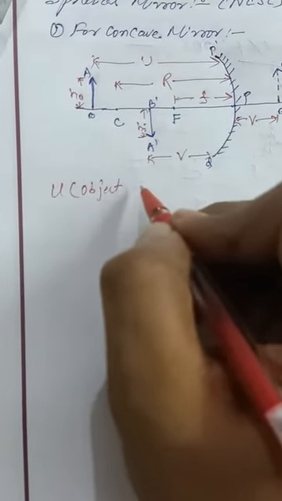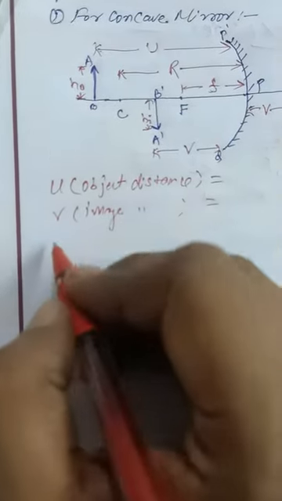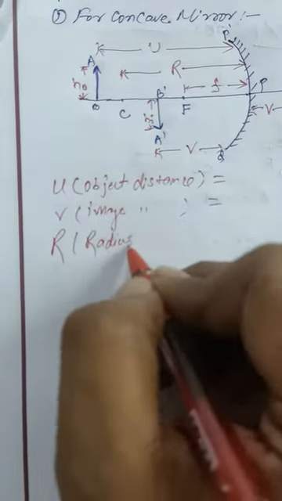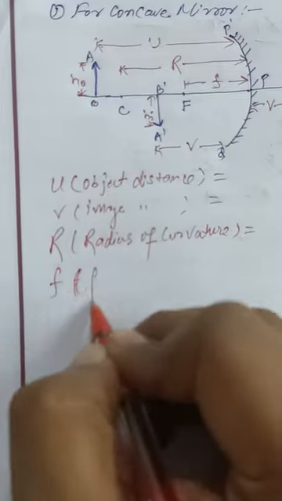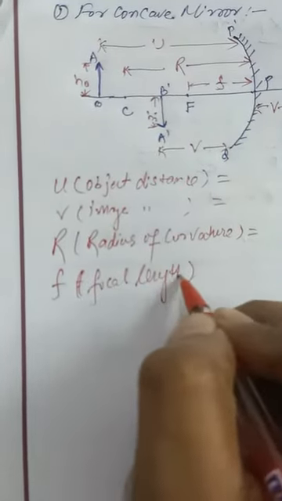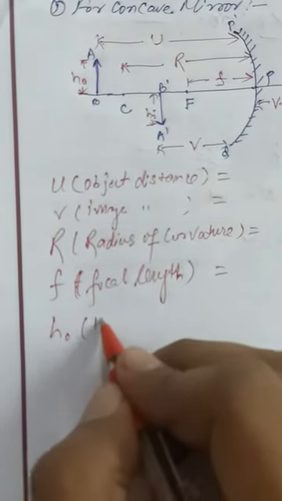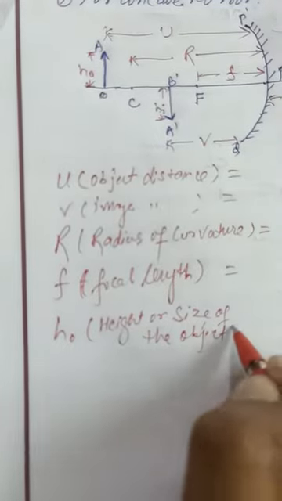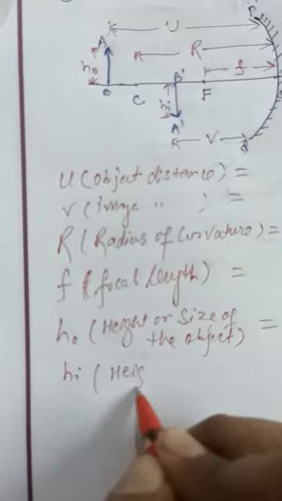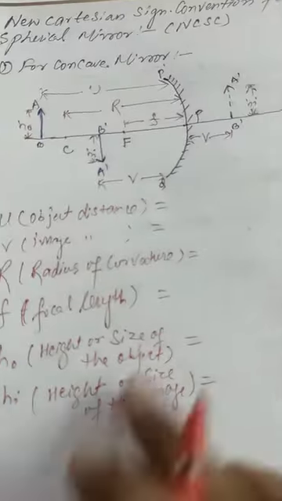So U is the object distance, V means image distance, R radius of curvature, F focal length, HO the height or size of the object, and next is HI, the height or size of the image. So these are all the quantities.